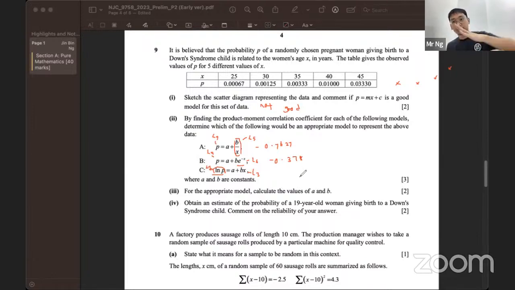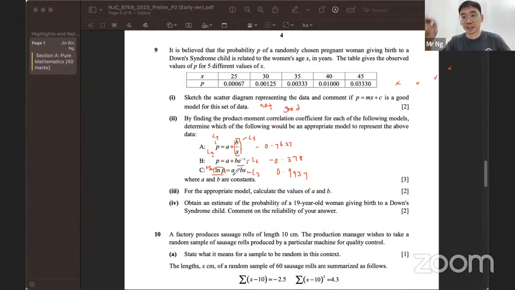Because here got negative x, that's why negative x is downwards. And this one is 0.9937.